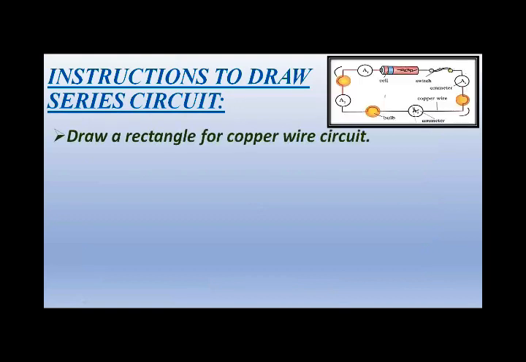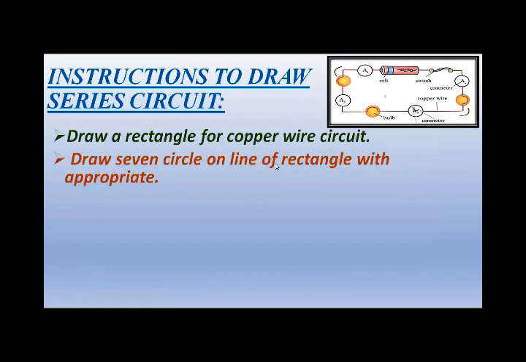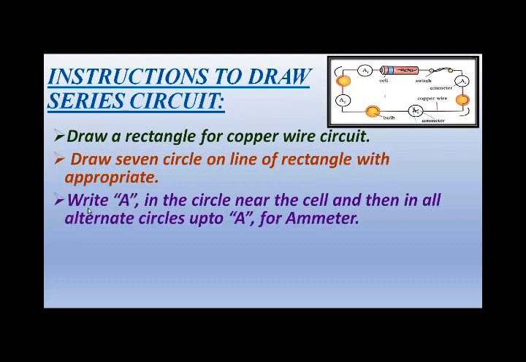These are the instructions to draw the series circuit. I repeat it. The first one, draw a rectangle for the copper wire. Draw 7 circles on the line of the rectangle, approximately. Means you will draw 7 circles, 1, 2, 3, 4, 5, 6 and 7, for the ammeters and for the bulbs.